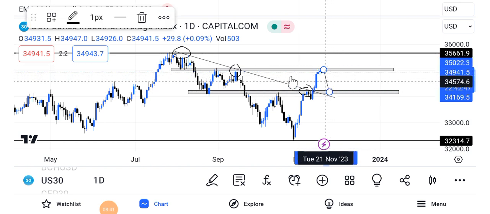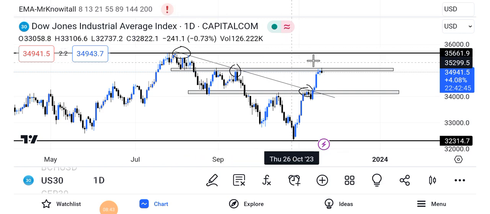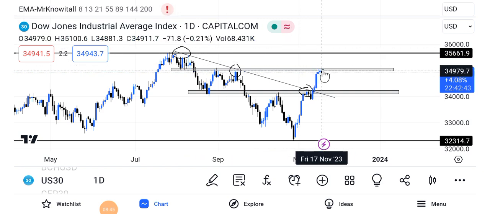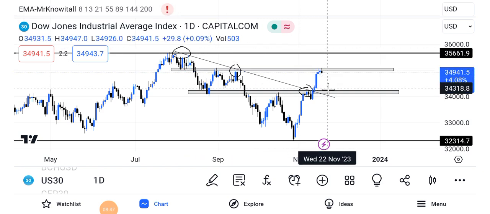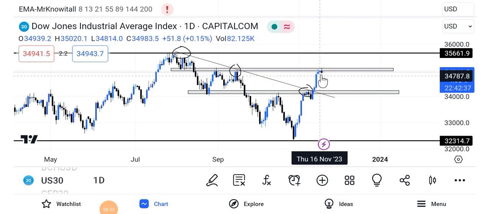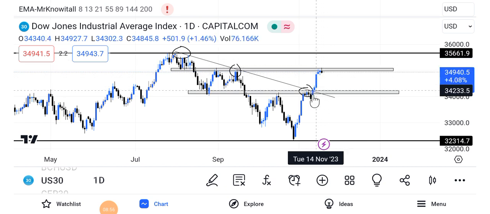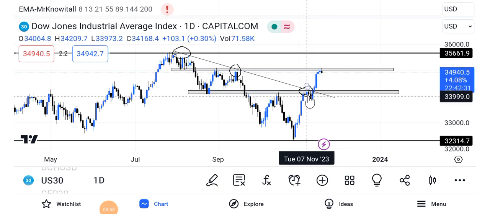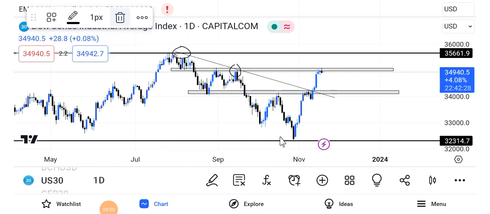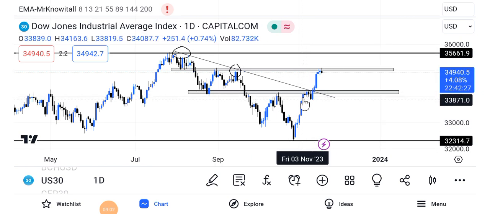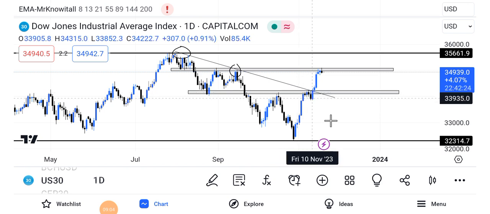Now, as much as we're looking for this formation of a retest, we also need to take into consideration that the market can break above, because you can see that the market right here acted as if it's going to respect this level and drop.